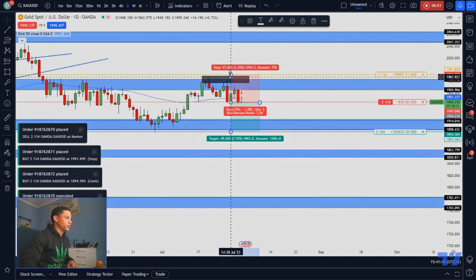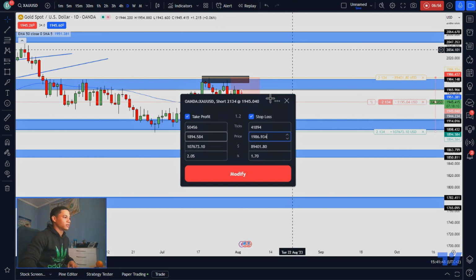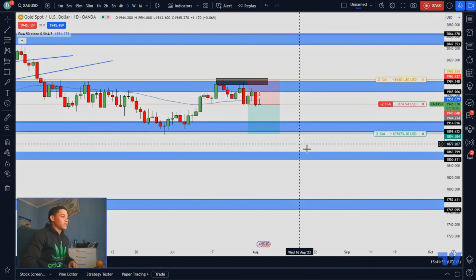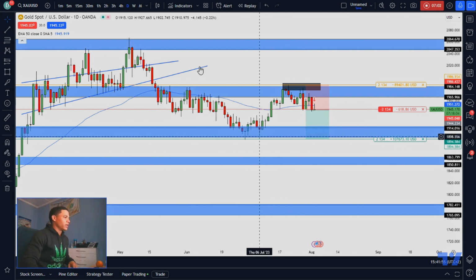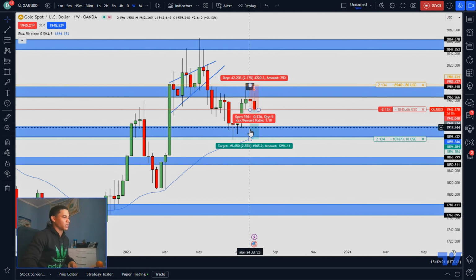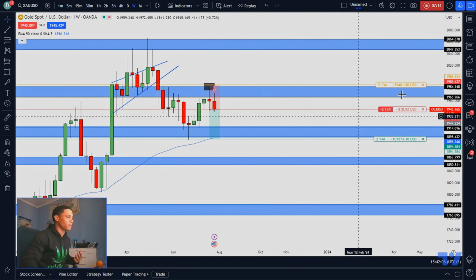Plus we have a huge rejection, so I'll just move my stop loss over there, just above that. Anyways, I see price falling further down as we do have price reversing, and I see price coming to test this area again for support. You might have a double top, then price moves away again, but I do see price reversing on gold.